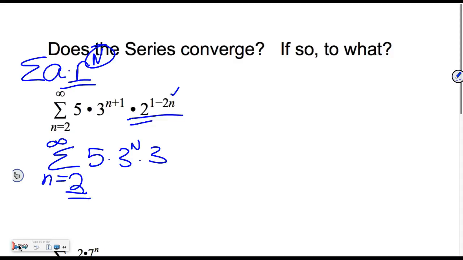Guess what I'll do with this one? How am I going to create that common ratio? What's going to happen with this? What do you think, somebody? Yes, I'll end up dividing. So I'd have 2 to the first, right, times 2 to the negative 2n. So I could throw that one down in the basement like this. I'm trying to create a common ratio to the nth power.